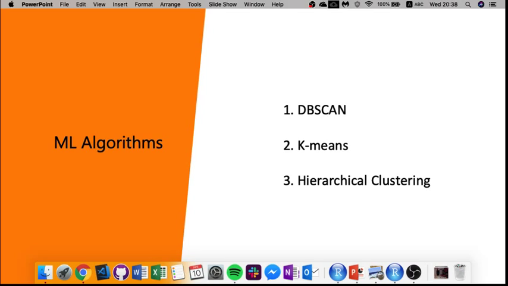Again, I don't know how many of you are familiar with these algorithms, but we are going to explain what they specifically do. So don't worry about that. You just need to understand a little bit of maths and you'll be okay.